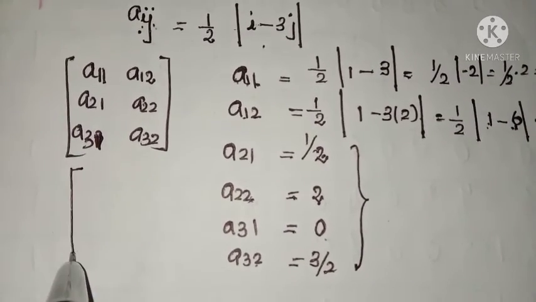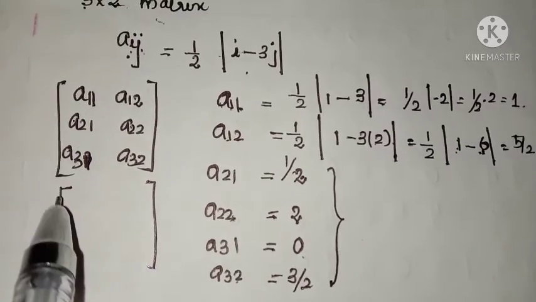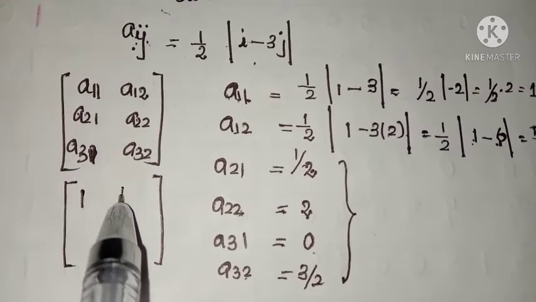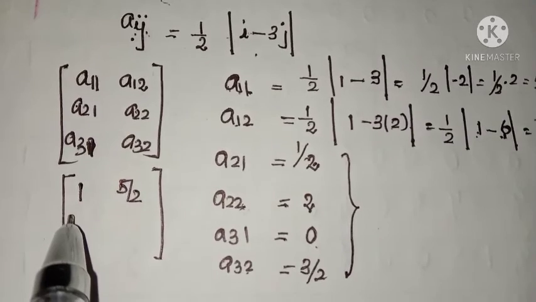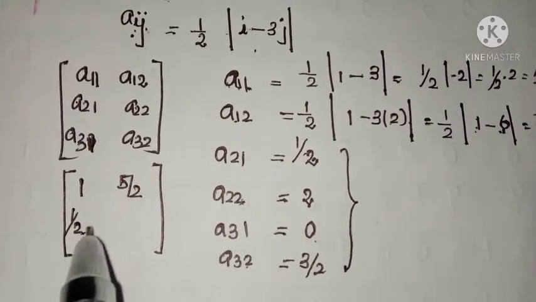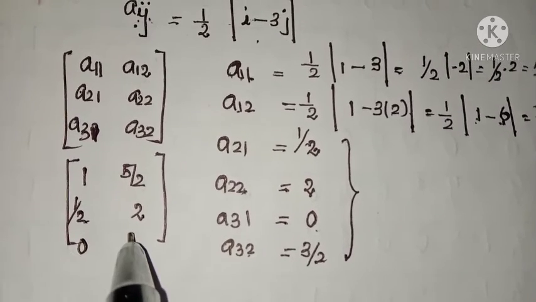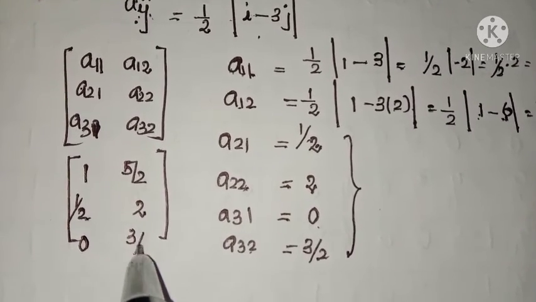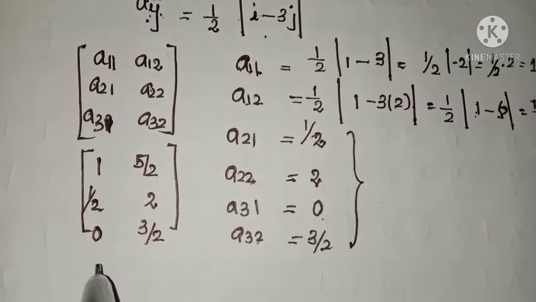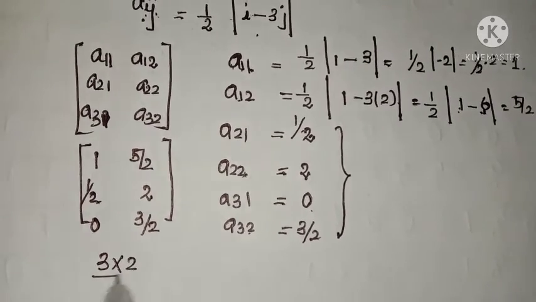So what is the required matrix? A11 is 1, A12 is 5 by 2, A21 is 1 by 2, A22 is 2, A31 is 0, and finally A32 is 3 by 2. This is our required 3 by 2 matrix.